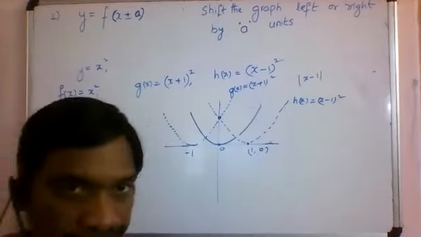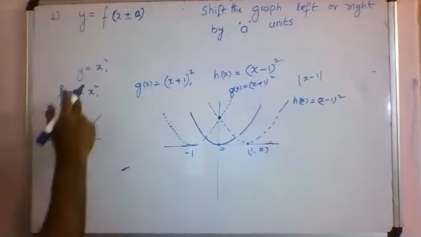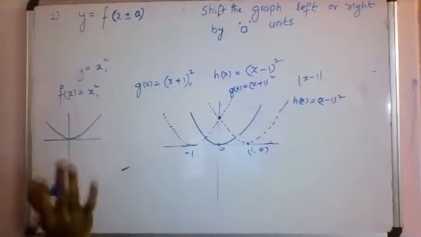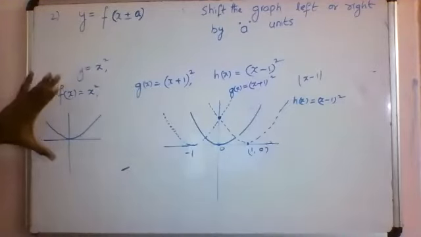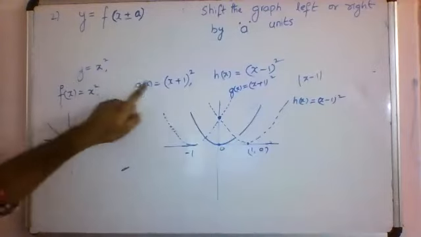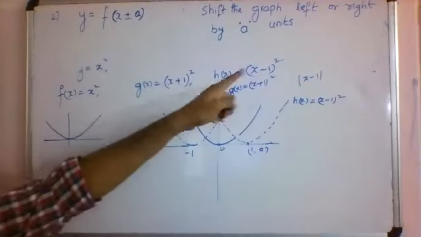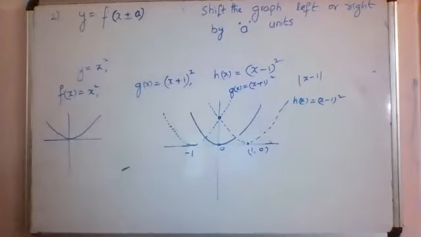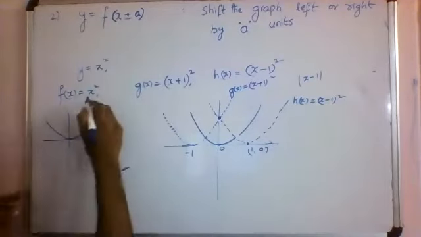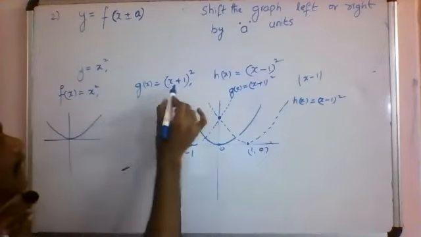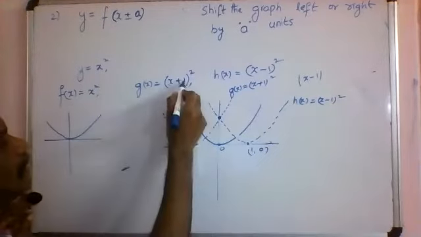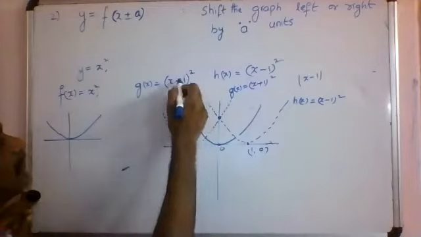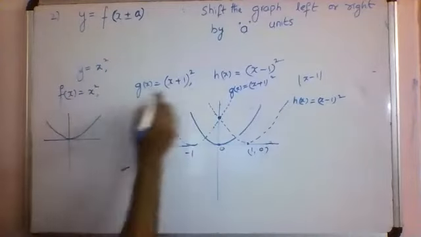See once again, when y is equal to x square is the basic graph, through that we have drawn x plus 1 whole square and x minus 1 whole square. This is following this property. When x square is there, if I add 1 to x, it became x plus 1 whole square. Then we have to shift this graph towards the left by 1 unit.